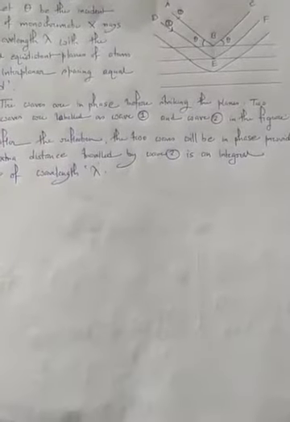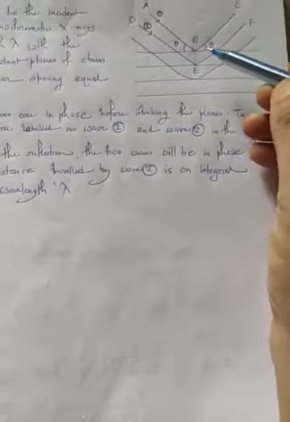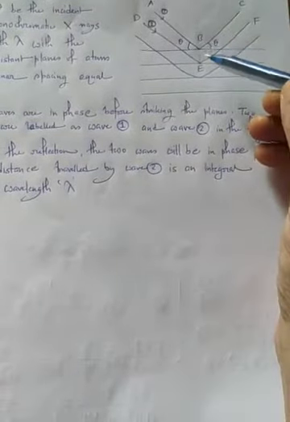This is a very simple concept. The extra distance traveled by wave number 2 should be an integral multiple of lambda if it has to be in phase after reflection.